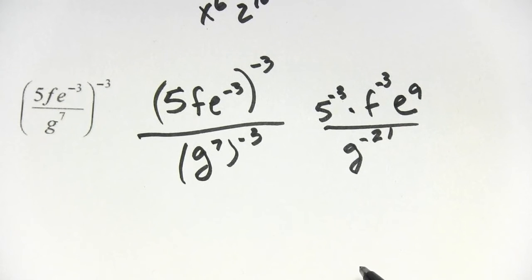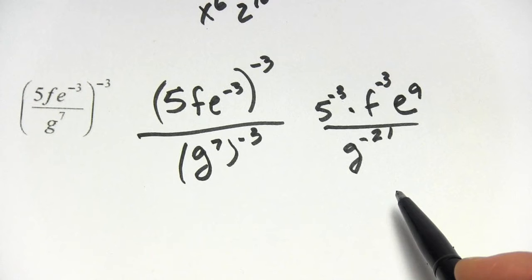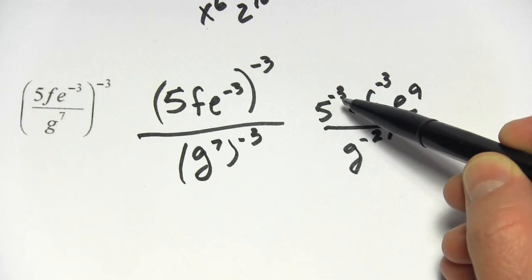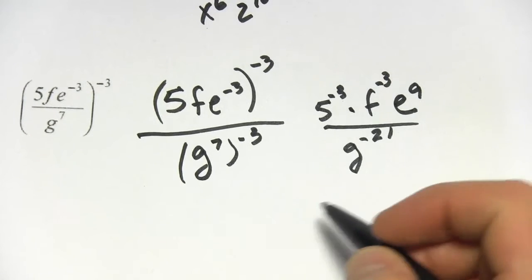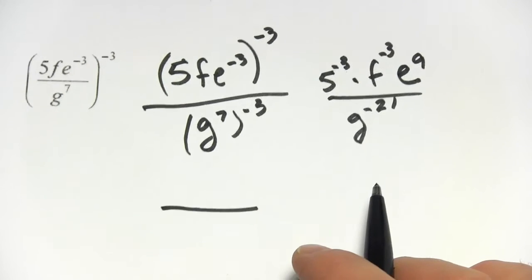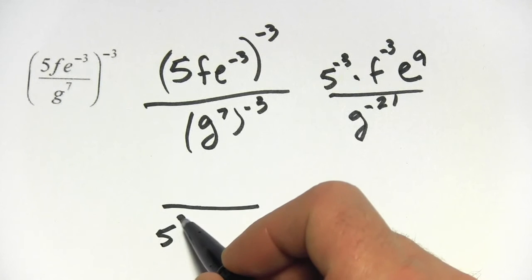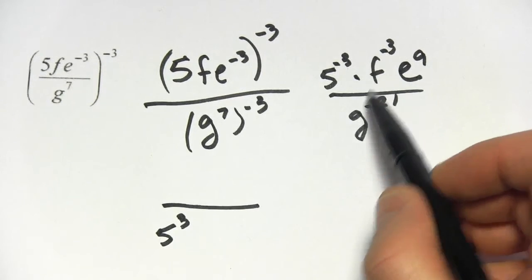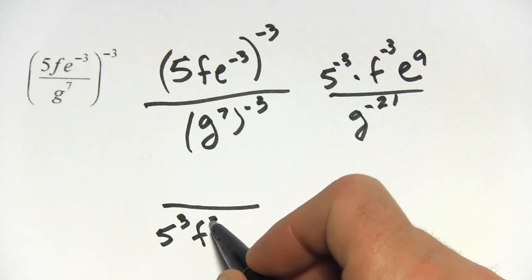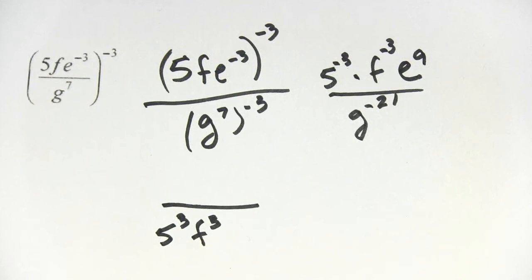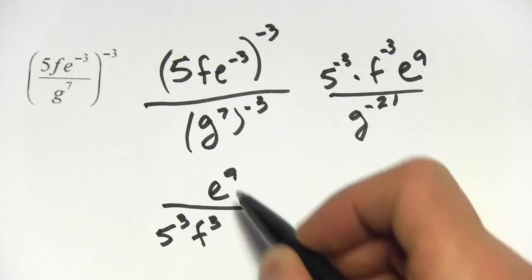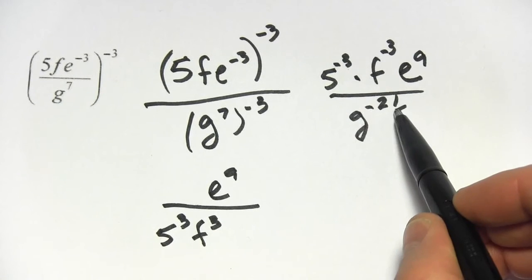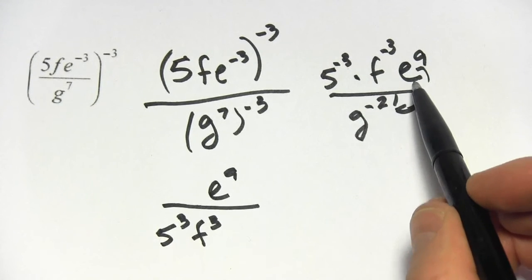Now we've got a lot of negative exponents here. So what I'd like to do is write this all in terms of positive exponents. So I'm going to take this 5 to the negative third and put it down on the bottom, where it's going to become 5 to the positive third. I'll take my f to the negative third and put it down on the bottom. So it becomes f to the third. E to the 9th stays on the top. And g to the negative 21 goes from the bottom to the top.